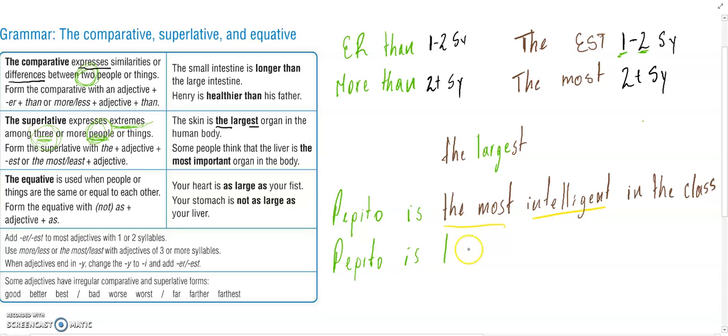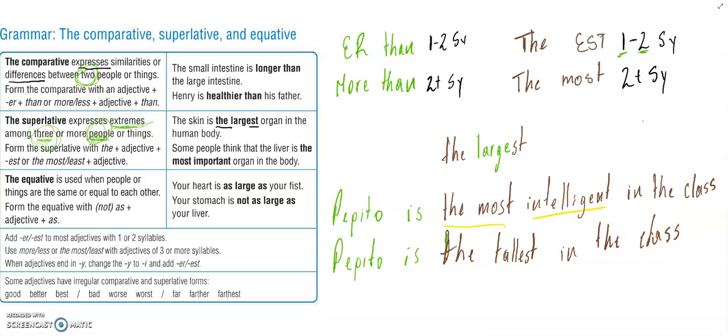It's the tallest in the class. So in the same way, since we have one adjective with 1 syllable, we are going to use est. So we say tall, 1 syllable. That's why we're going to use est, and remember to use the before.